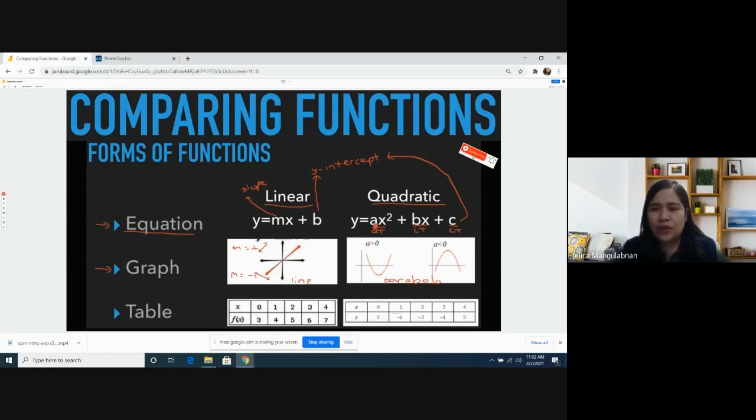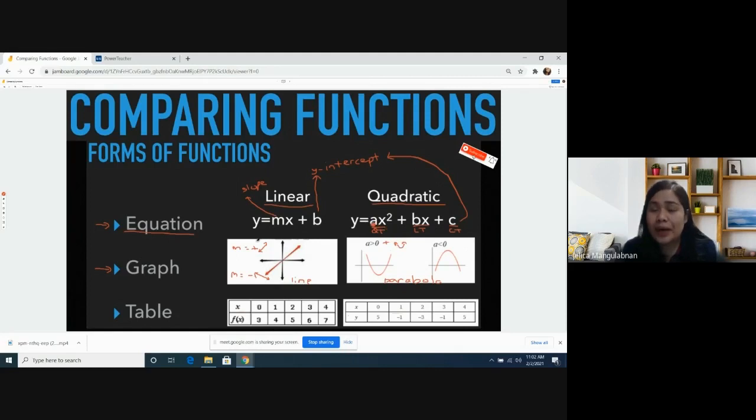If the numerical coefficient of the quadratic term is greater than 0, or positive, because positive numbers are greater than 0, the graph is a smiley face.